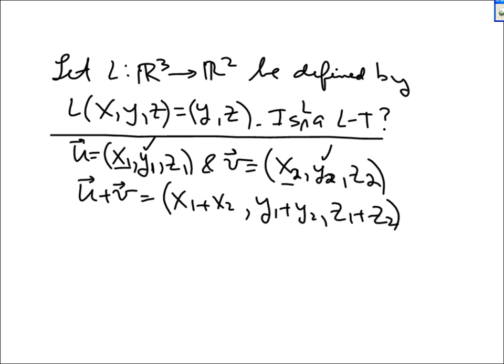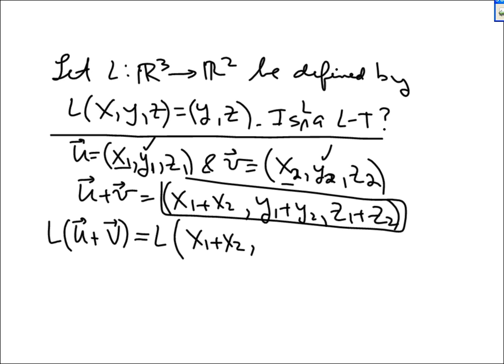And why am I doing that? Because I want to see what L of u plus v equals. I want to see if it's the same as L of u plus L of v. I want to see if L is linear. So I'm really taking L of this mess.